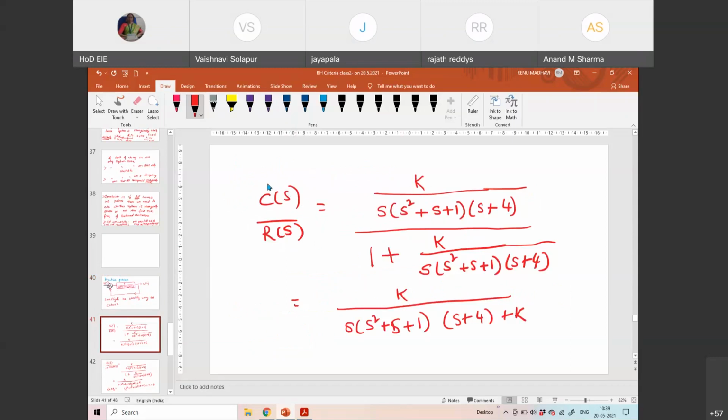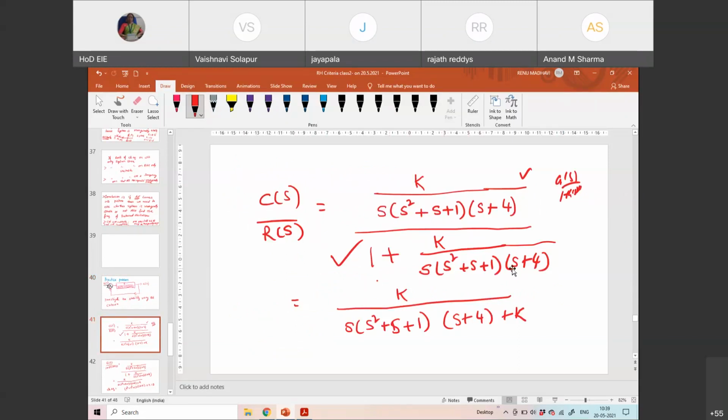C(s) by R(s), the transfer function of the given block, is nothing but G(s) by 1 plus G(s) H(s). Take the LCM of the denominator and simplify it.